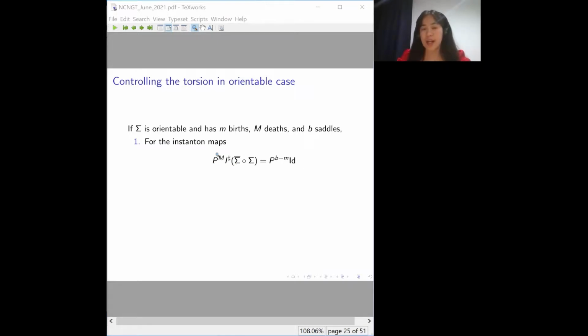You cut capital M of the tubes and you get sigma mirror composed sigma, and you cut B minus M of the tubes to get the identity. This is true in both HFK and the instanton case, and then the main theorem just follows from these relations. So this is what you do in the orientable case.